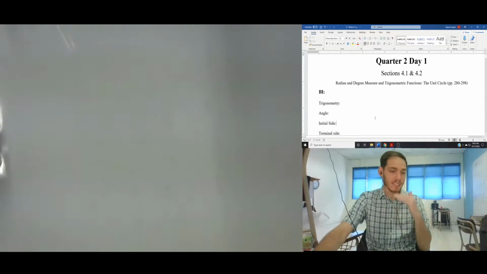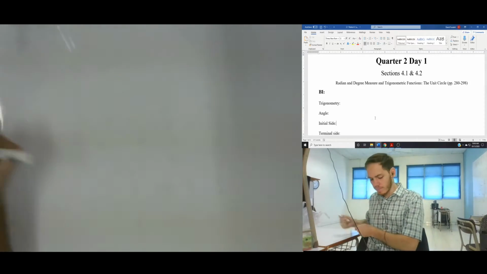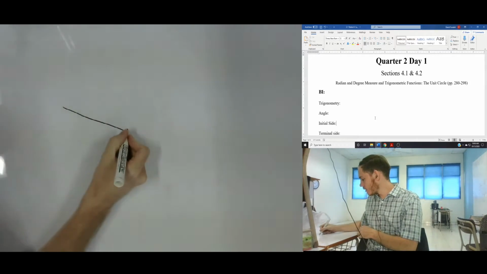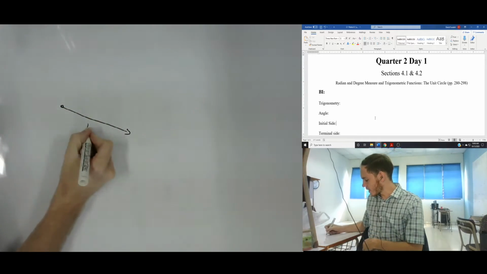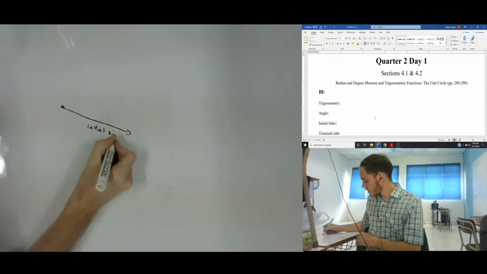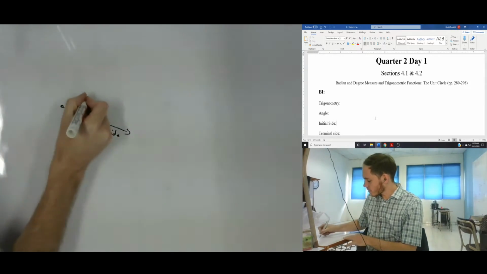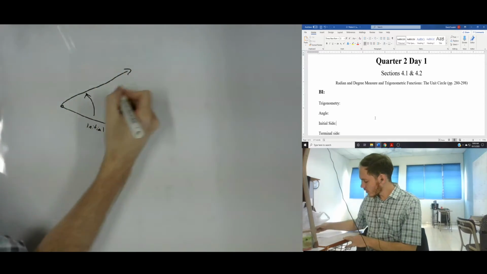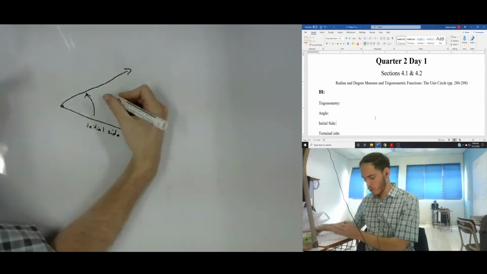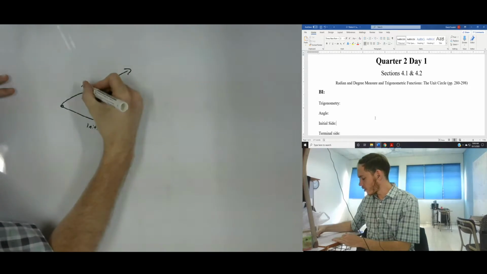Initial side will be the side you start with. Usually, if you were looking at a drawing, you start with a ray, our initial side, and then our angle is drawn from a rotation to our terminal side.